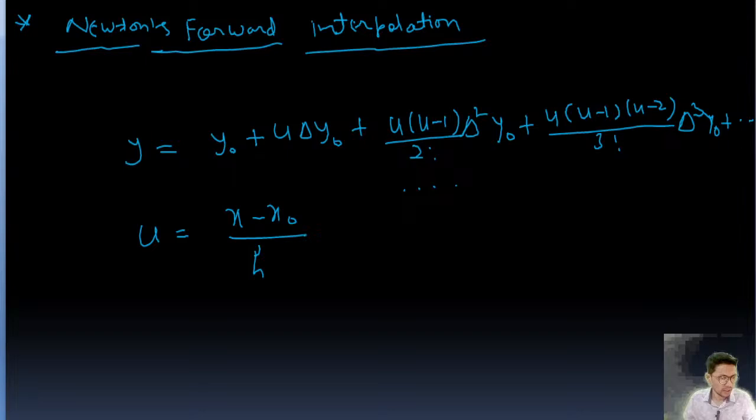So the question is, a very good question, guys. X values are given, that is 1, 2, 3, 4, and y values are given, that is 1, 7, 17 and 31.